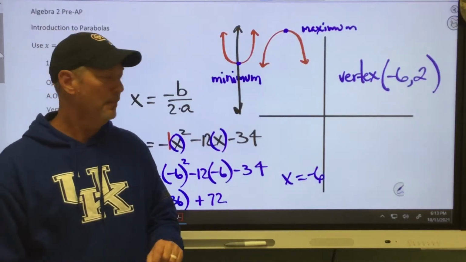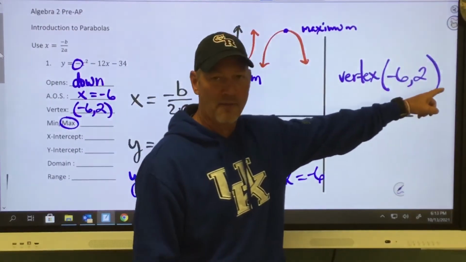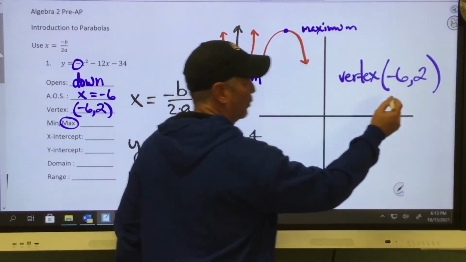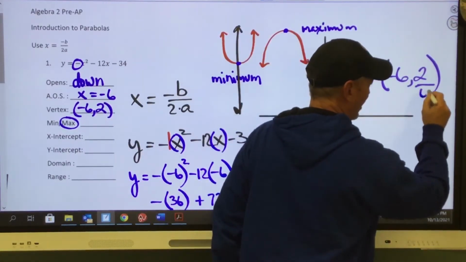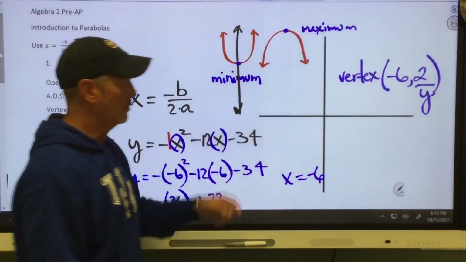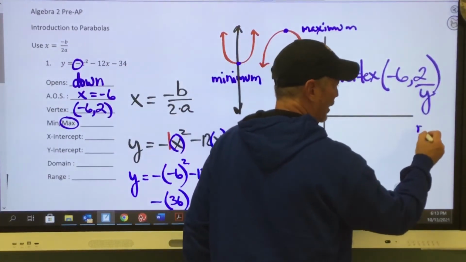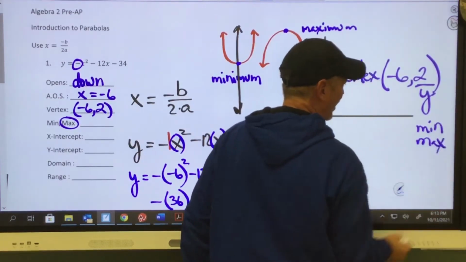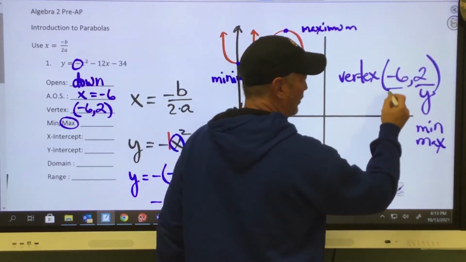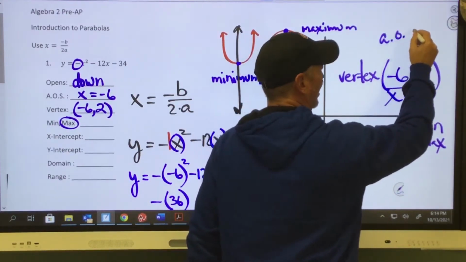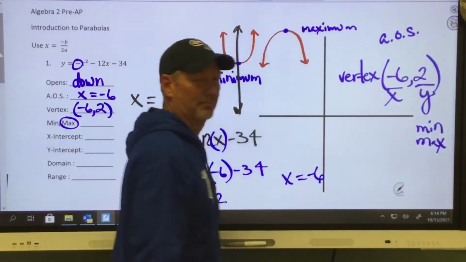And here, I want the y value. The minimum or the maximum value will always be the number in the y spot. So this y will give you the minimum or the max, but your x value will get you the axis of symmetry.